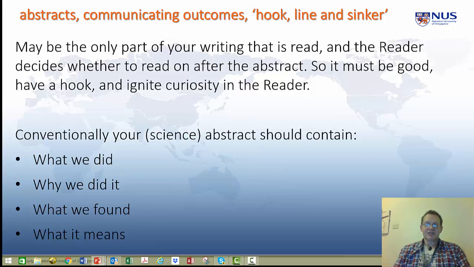I'm a journal editor, and I'll read the abstract, and I try to be a bit more thorough than that. I'll also read other parts of the paper, but I know many of my colleagues don't. If the abstract doesn't persuade, then basically most of us have many more papers than we can publish. Therefore, it goes on the big pile, which is not the pile you want to be in.